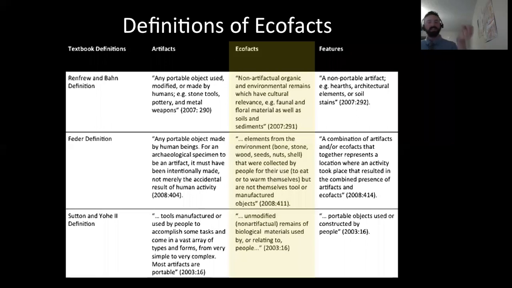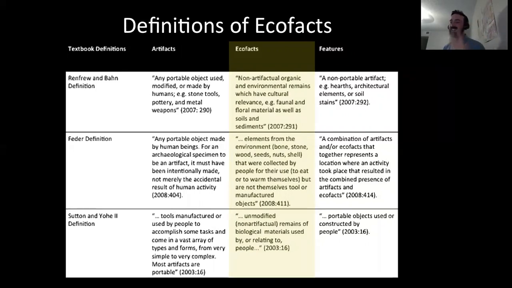And while the definitions of artifacts and features are fairly well agreed upon and understood, ecofact, on the other hand, is kind of this elastic filling idea. If you think of these three pillars of what makes an archaeological site as an Oreo, the artifact and the features are like the chocolate cookies, and the ecofact is like the squishy icing between them.